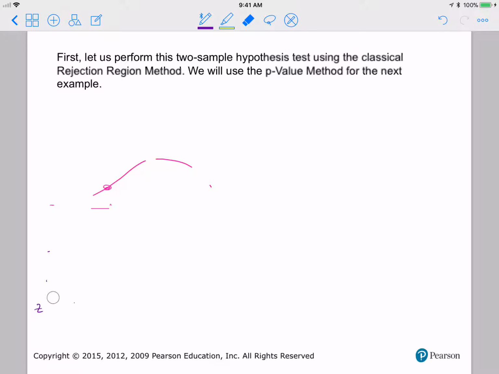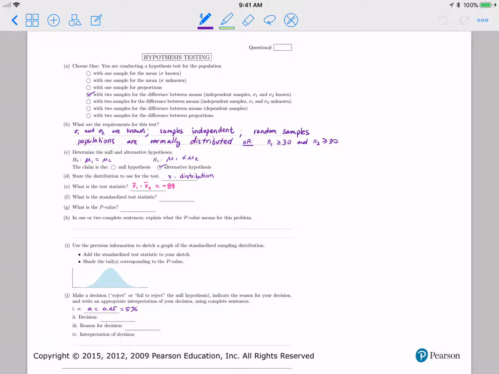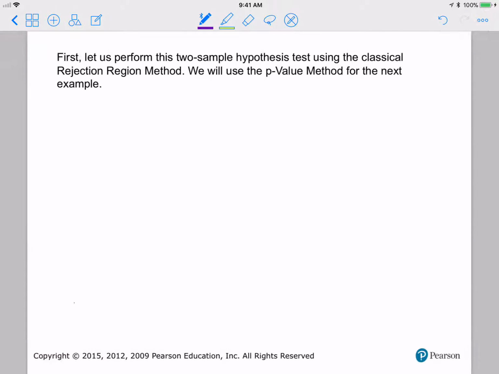And hopefully you can see everything that I'm writing. Also, I'm going to go back and forth. I'm not going to erase the requirements for the test, so this is where we'll start.